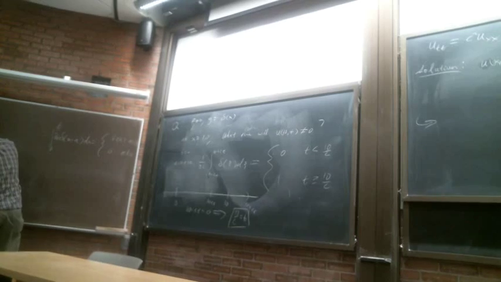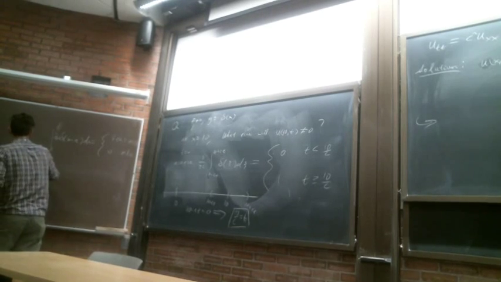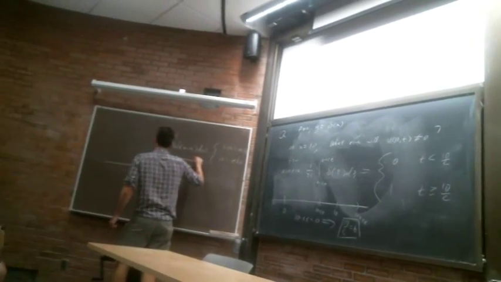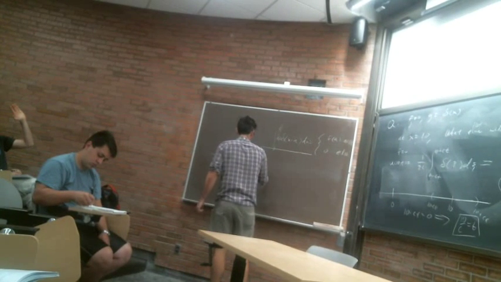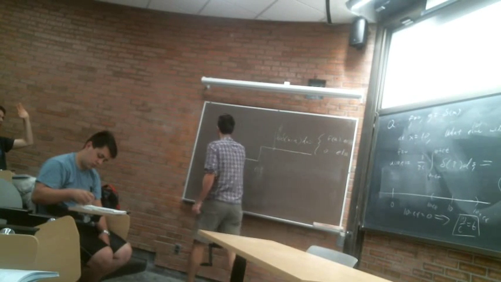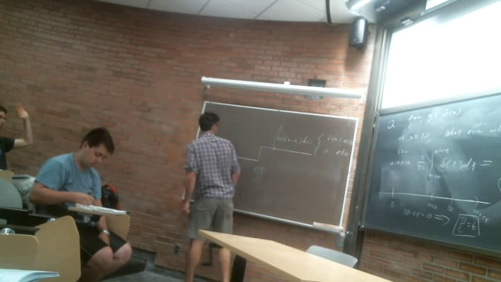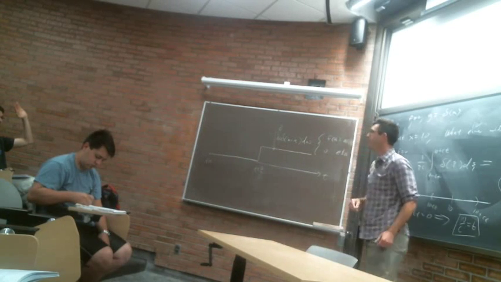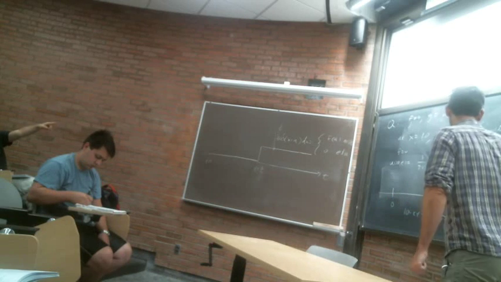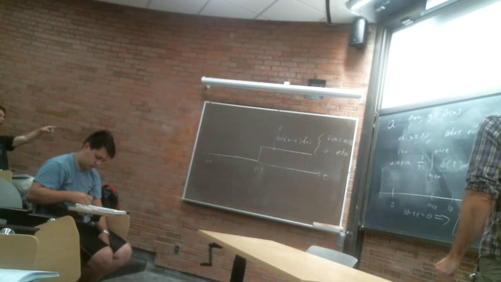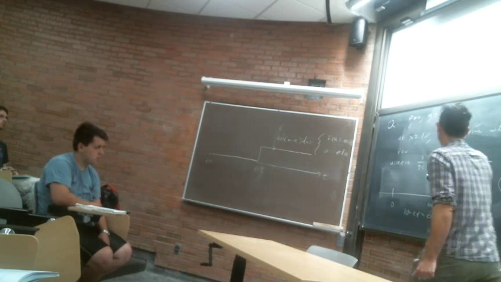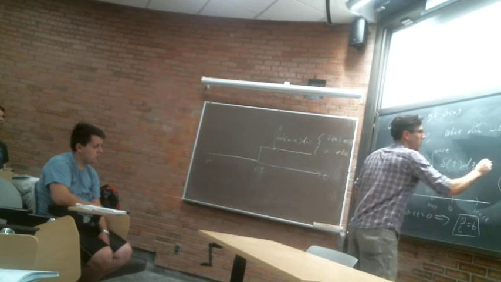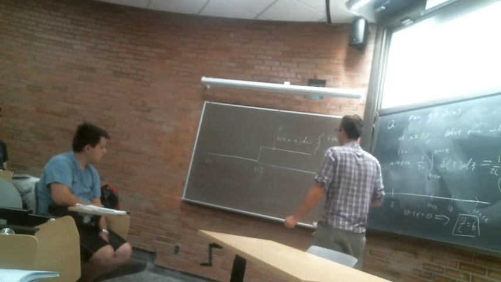It goes like this. Again, this is in the time domain. Yeah? Isn't it 1 over 2c? This is that term. Oh, right. So 1 over 2c. And there we go.